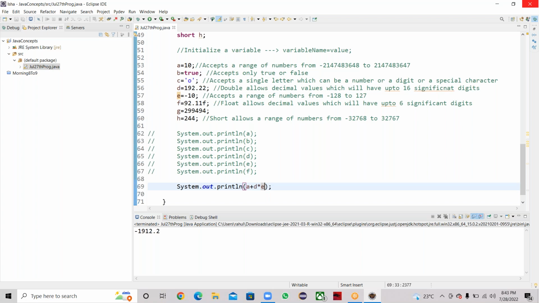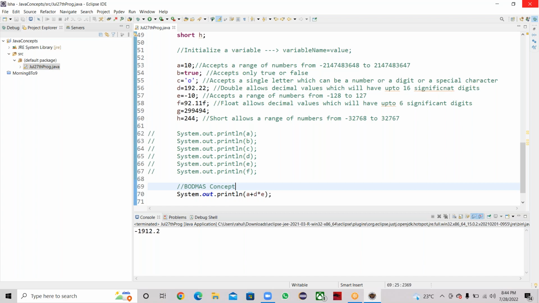How do we get it? First, you know the mathematics concept of the BODMAS rule, right? So what is the BODMAS concept doing here? We do the bracket first, then we multiply the numbers, then we do the addition. So what is D into E? First it goes 192.2.